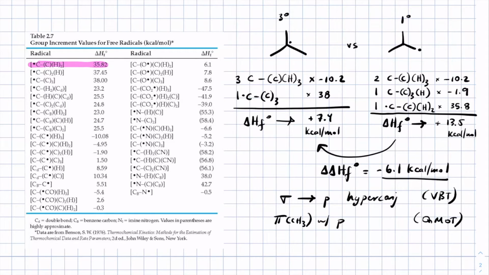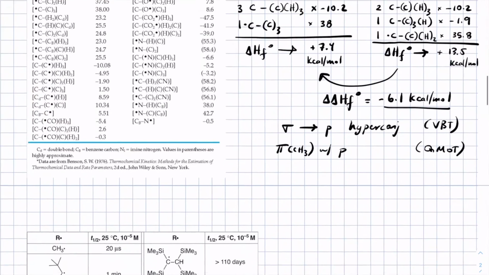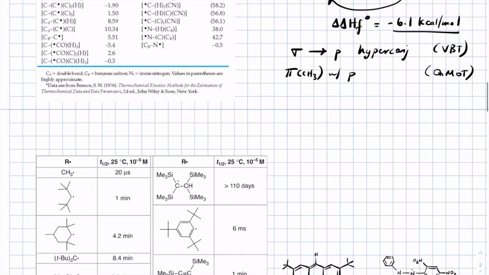One interesting aside is that there's a difference between thermodynamic stability and kinetics. That is, there's a difference between how stable a radical is versus how long it remains unreacted in solution. So here are some actual numbers for the half-lives of various radicals at room temperature at a 10 micromolar concentration.